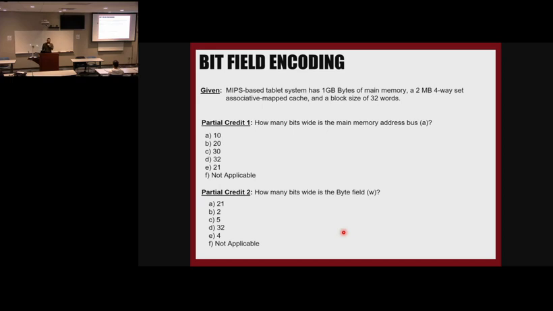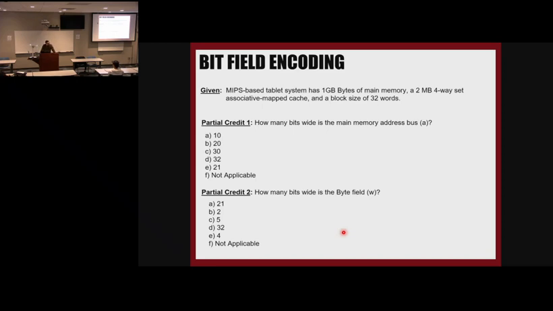If not C, what else can be the answer? Who thinks A is the right answer? Who thinks B? Who thinks D? How about E? Okay, so we have some people that care about C and some people that don't care about the class.